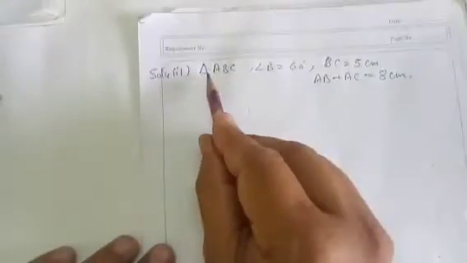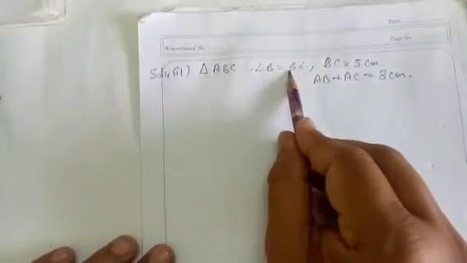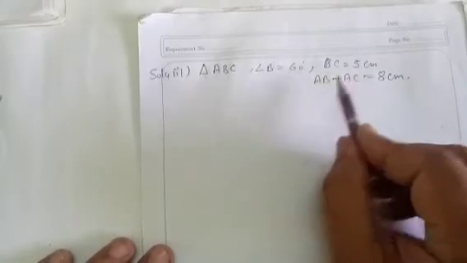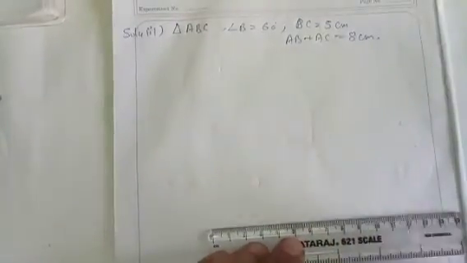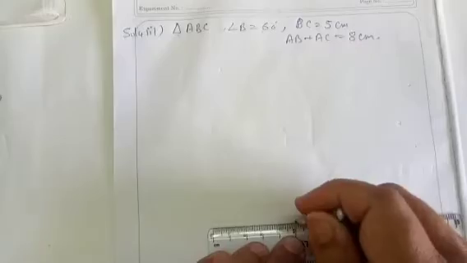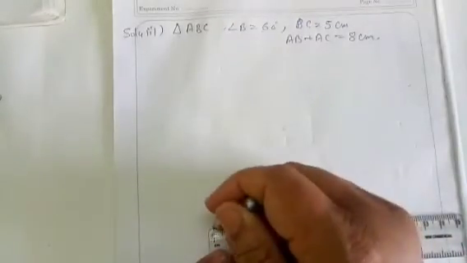The next question: triangle ABC, angle B equals 60 degrees, BC is 5 centimeter, AB plus AC equals 8 centimeter. See it very carefully because 2-3 more questions of this type are there. First, what is the line given? BC, 5 centimeter. Draw a line BC of 5 centimeter.